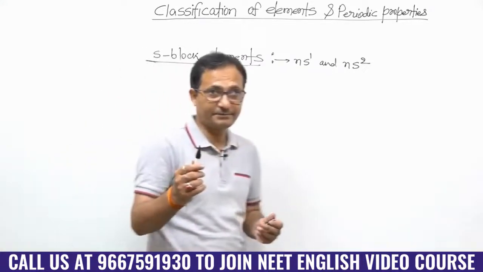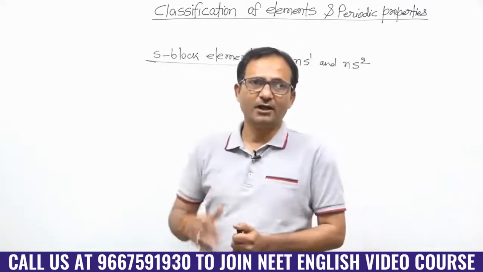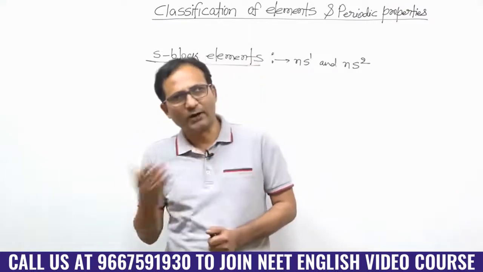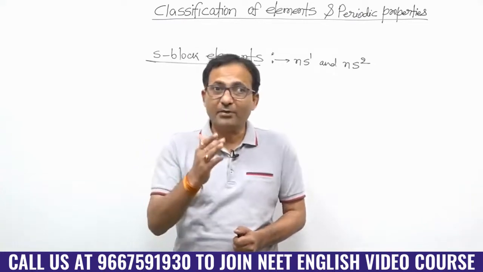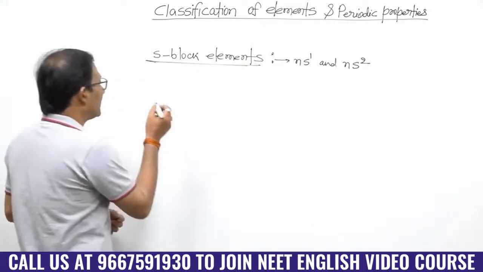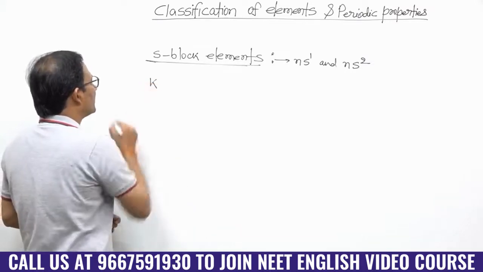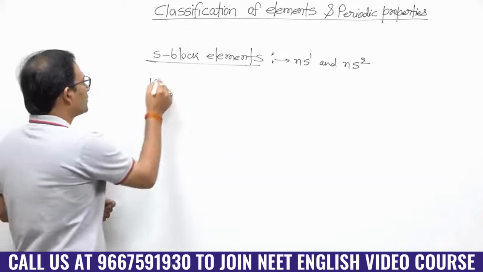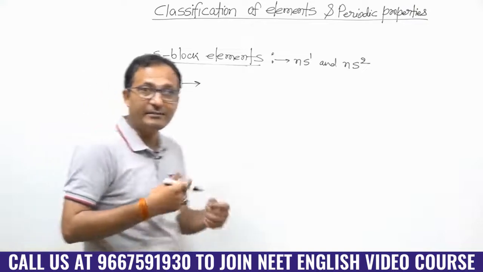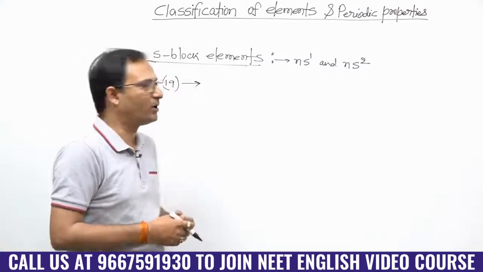And remember one thing, in case of s block elements, the number of valence electrons is equal to the group number of that element, okay? As for example, if I have to write the electronic configuration of potassium, you know the atomic number of potassium is 19. That means its one atom has 19 electrons.